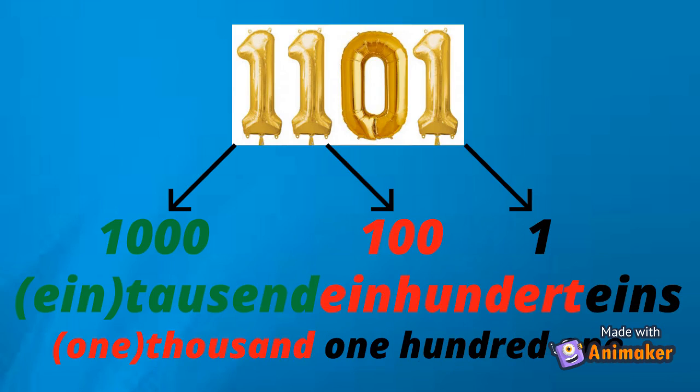Let's move on to a slightly bigger number. Here, 1000 plus 100 plus 1. So that it becomes tausendeinhunderteins.